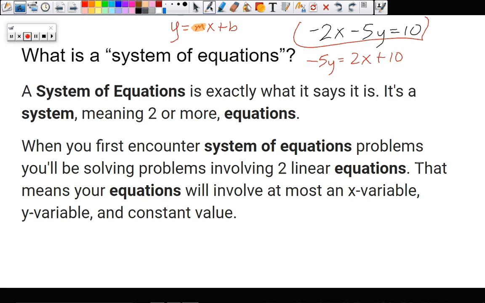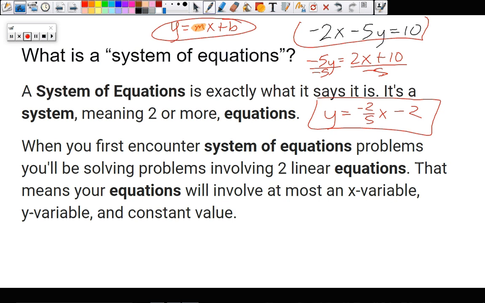Anyone? You don't have to raise your hand. What would I do next? Divide by -5. So dividing by -5, I want you to write it as close to this form as much as you can. So this would be y is equal to -2/5 x, what? Minus 2. Perfect. Because +10 divided by -5 is -2. Now, the slope you can see is -2/5.